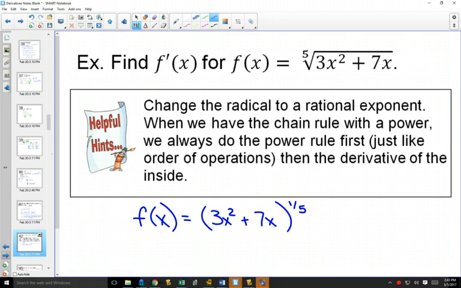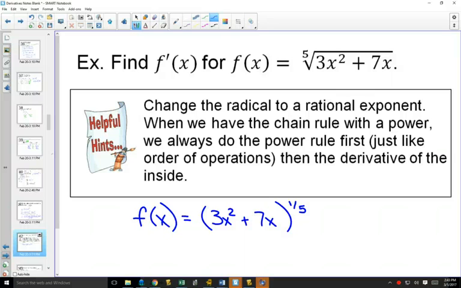So one of the things, now that we've had the chain rule, one of the things that you're going to do when you approach any question that is asking for a derivative is look for a chain rule. Do I have any functions inside of other functions? And then being able to say, yes, I can see that the 3x squared plus 7x is inside that power of 1/5.